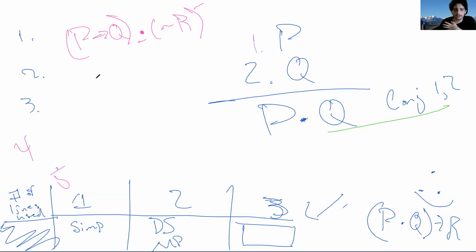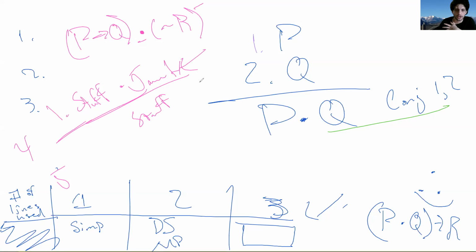So because that's an and, now I can do simp, right? Because simp just says if you start with stuff and junk, I'll give you stuff. All that simp needs in order to run is just show me a conjunction and I'll give you one side. That's all that simp needs.